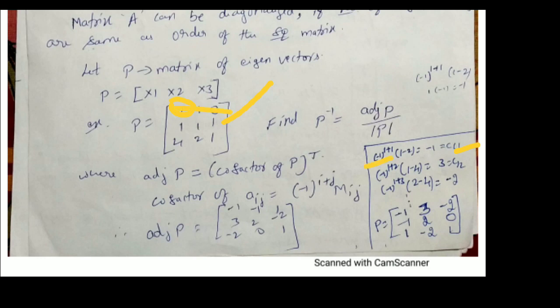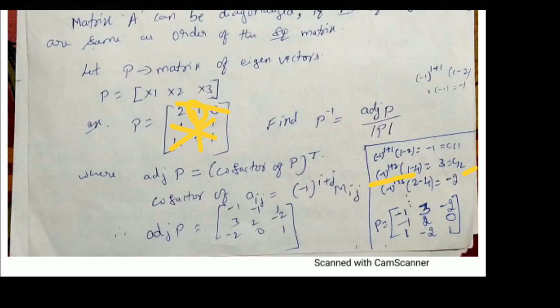Now leave the first row and first column, so the minor will be 1 minus 2, which is equal to minus 1. Similarly, for the second element, the cofactor is C12, for which we write minus 1 to the power 1 plus 2 into, now leaving the first row and second column, 1 minus 4 as the minor. That is, 3 is obtained as the cofactor.